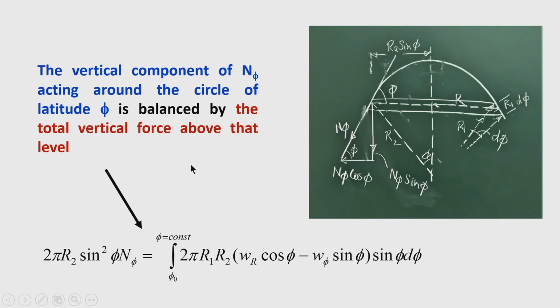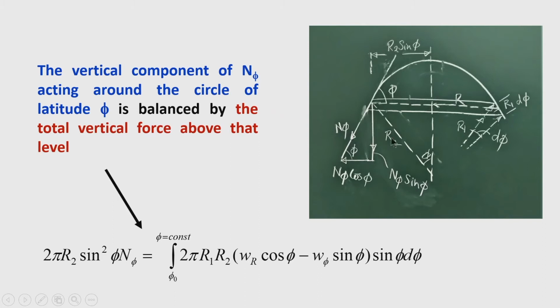What is our interpretation? The left hand side indicates the total vertical component of n phi. The right hand side quantity, W r cos phi minus W phi sin phi, is the net vertical load on the shell surface, and it is multiplied by the surface area of this small strip.